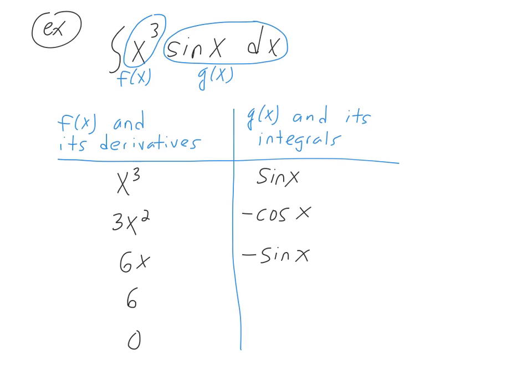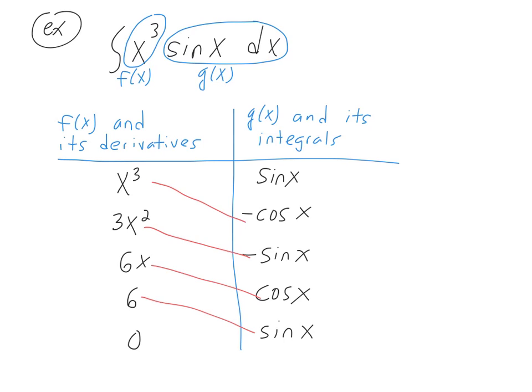Well, from there, if I were to integrate just positive sine, I'd get a negative cosine, but that negative in front would turn into a positive. And then from there, I'd be back to sine of x, and then you can see the pattern here developing. But we would stop because we're now at the row where we see 0 for the derivative. So this is where we're going to now connect diagonally.